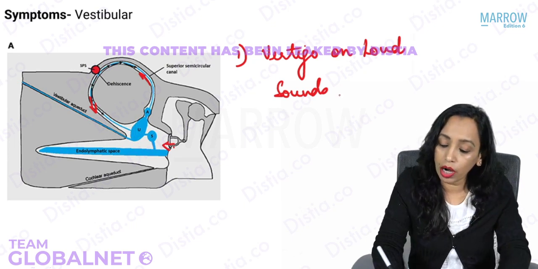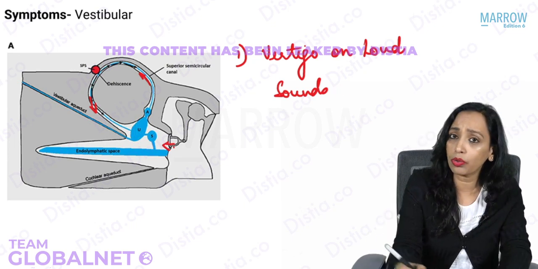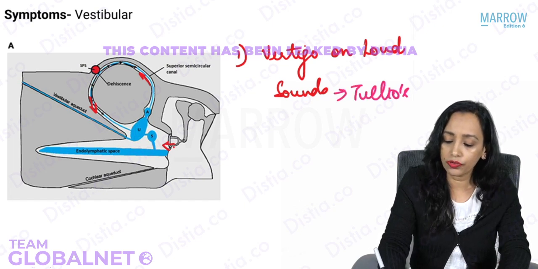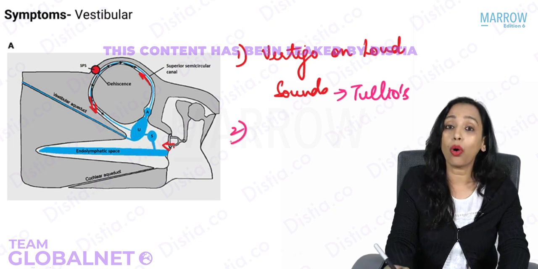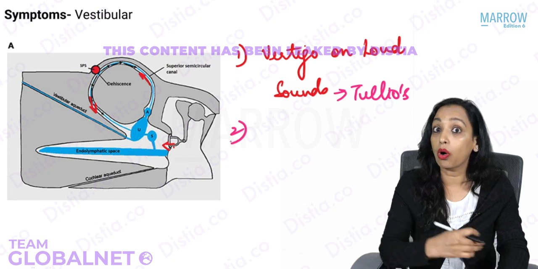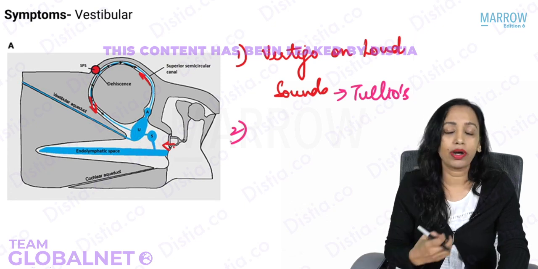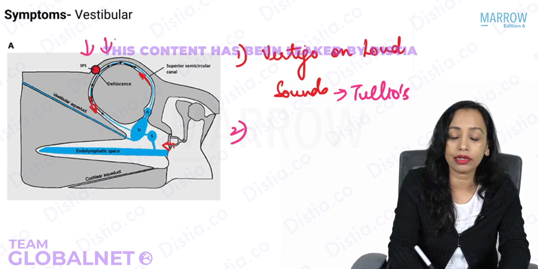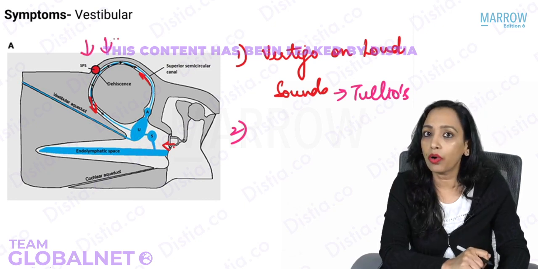So vertigo on loud sounds, do you know what that is known as? Yes, that is known as Tullio's phenomenon. Similarly, also on external pressure changes, like on coughing, on sneezing, on lifting heavy weights, or when the intracranial pressure increases, like in Valsalva, what will happen?